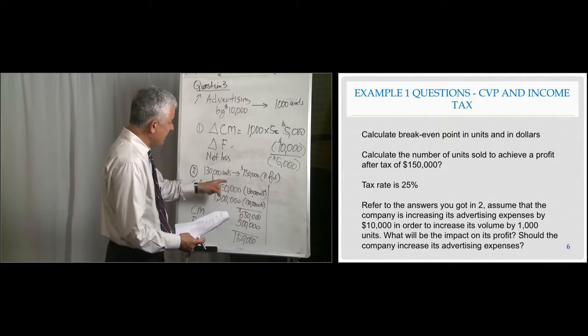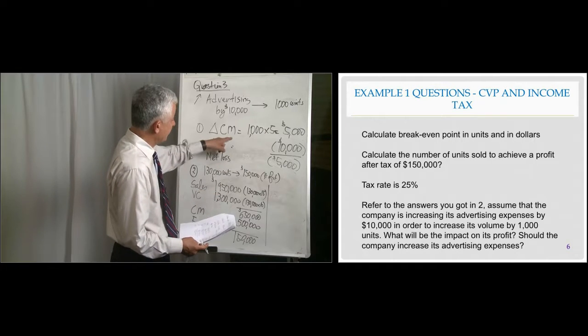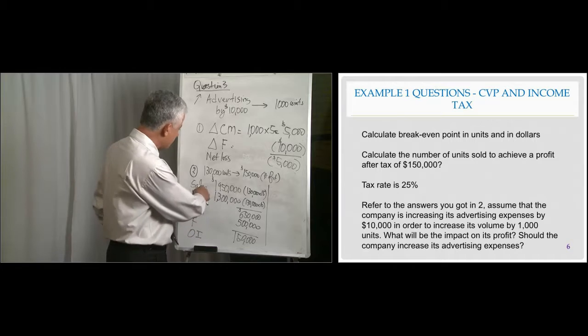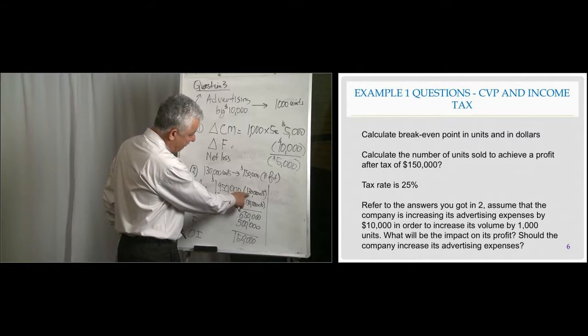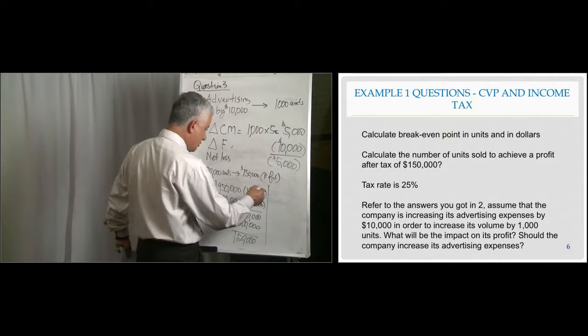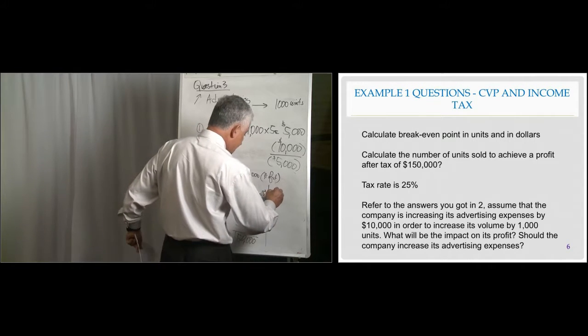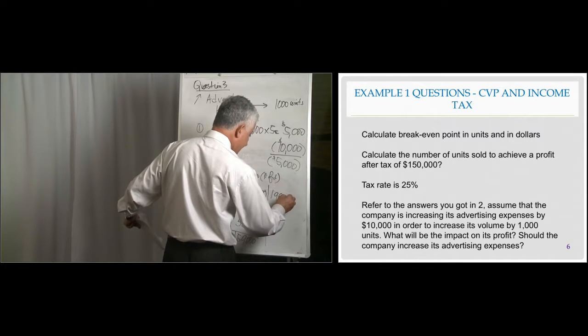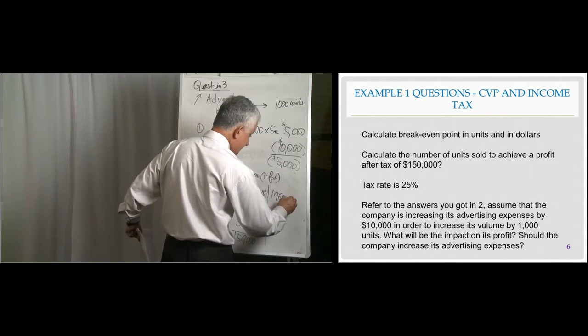Now, if we increase advertising here by 10,000, okay, invest in advertising 10,000, what will happen to our sales? It will go up from 130,000 units to 131,000 units, right? So the sales will be 1,965,000.